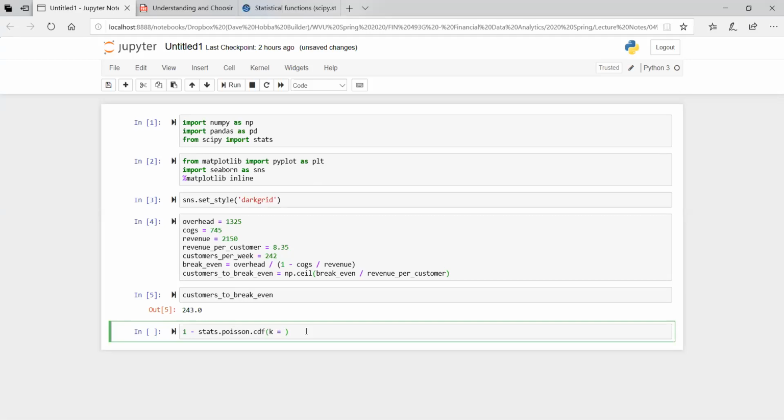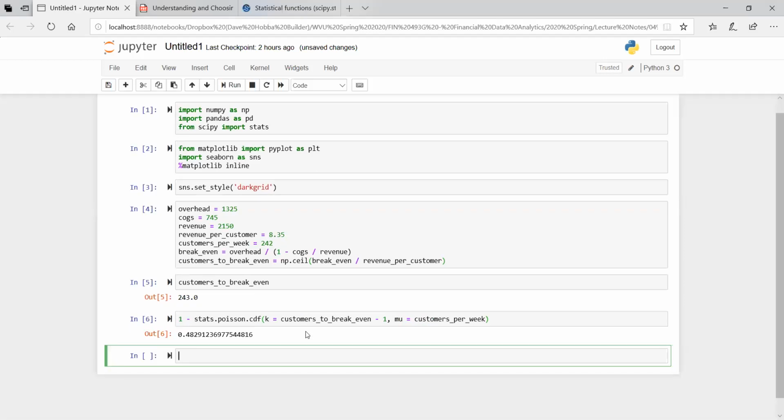We're going to say K is equal to the customers necessary to break even, minus 1, because it's going to be 1 less than that. And our average is going to be the customers per week. Look at this, and we get a 48.29% probability of breaking even. So in any given week, if they all follow the same distribution, if they're all IID, then you have a 48.3% probability of breaking even or better.